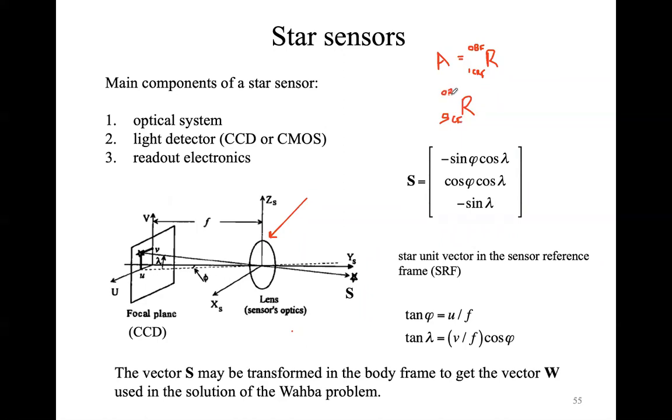What we can assume easily is that this transformation matrix, the attitude matrix, will be the product of this matrix and the ICRF to SCF matrix. So this is the optical coordinate frame, okay?